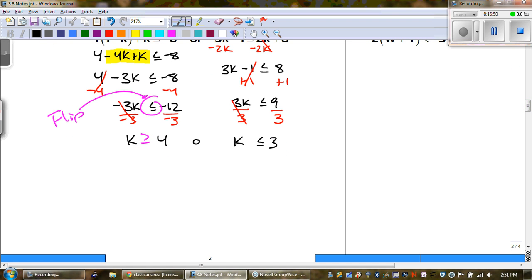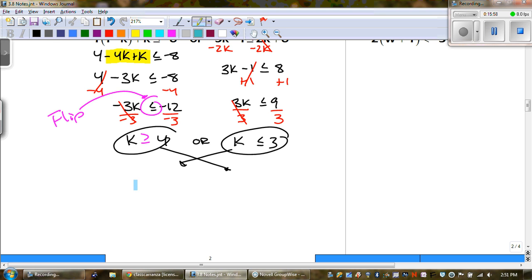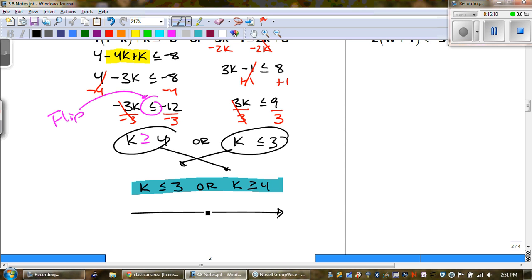Now, I need to look. Are those two in order from least to greatest? The answer is no. So we need to rewrite it. We have k is less than or equal to 3, or k is greater than or equal to 4.